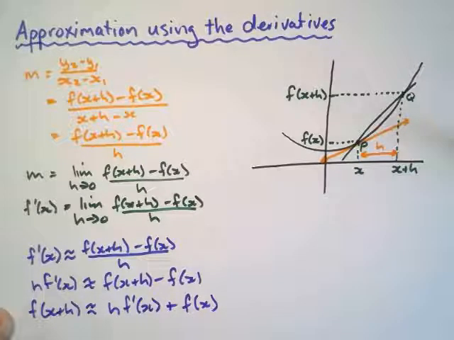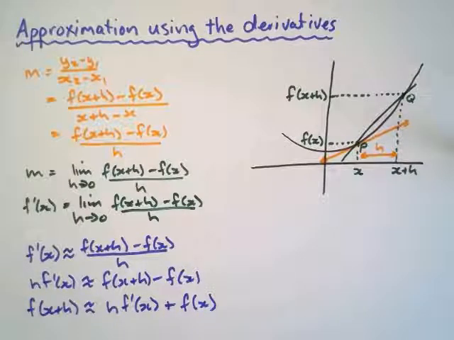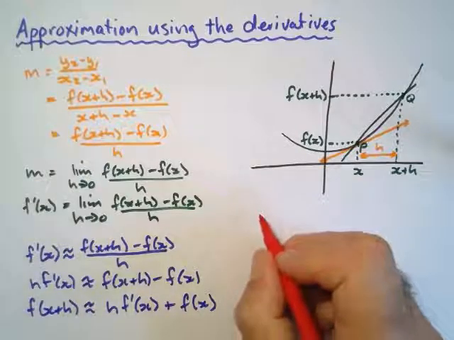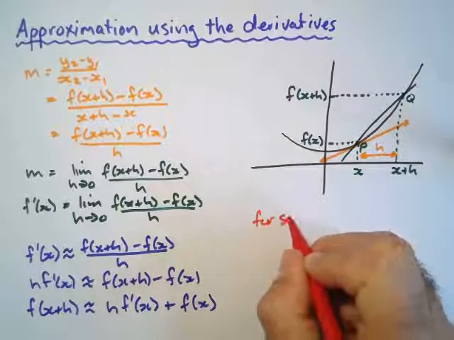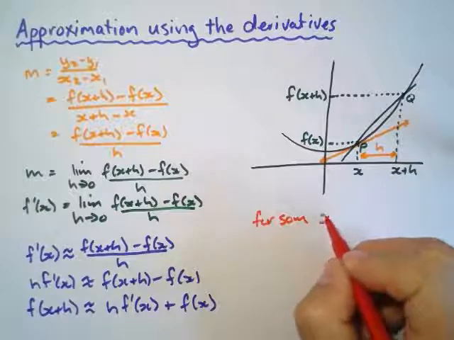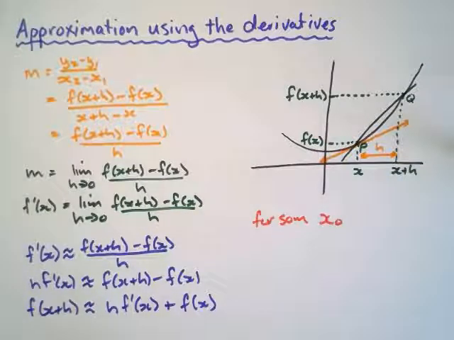Now I'm going to say this is then for some value of x. Let's just write it in another color over here, because this is the formula that you have to remember. So for some value, and we just call it x0 for the one that I choose, I'm just going to change all the x to x0.